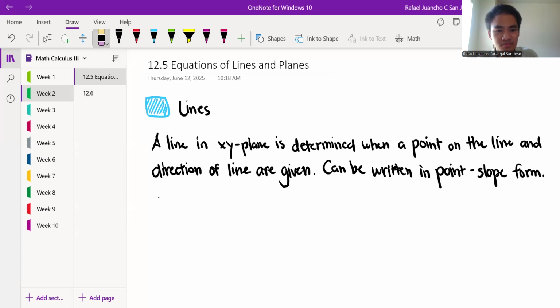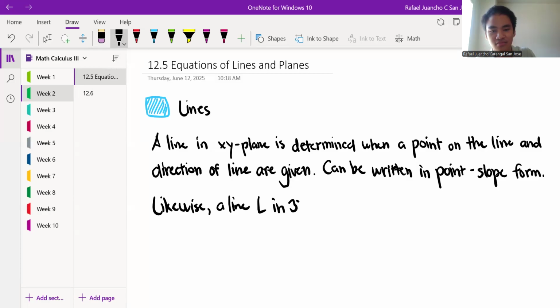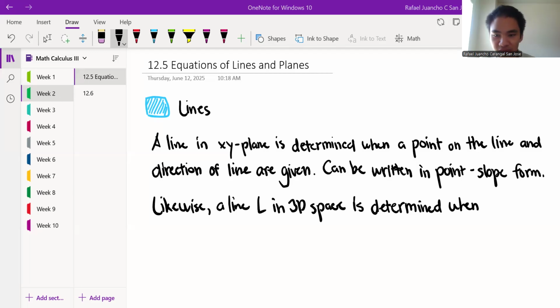So likewise, a line L, we're just giving it a name, a line L in 3D space. How do we know if it's a line in 3D? The previous one was 2D. So what are the indicators that a line L is in 3D space?